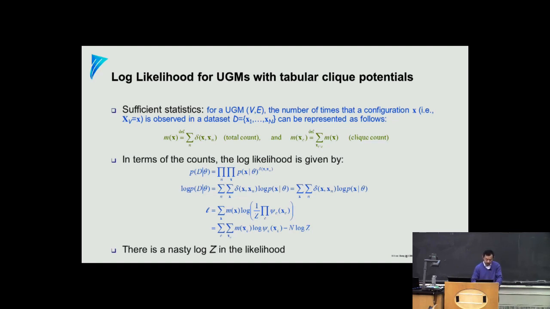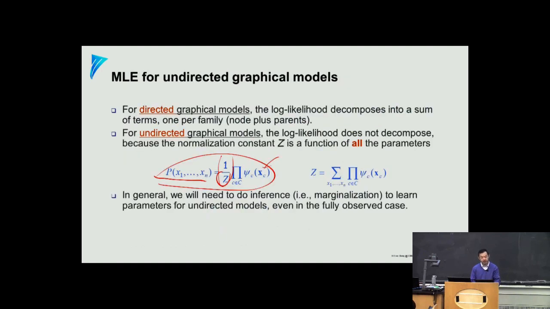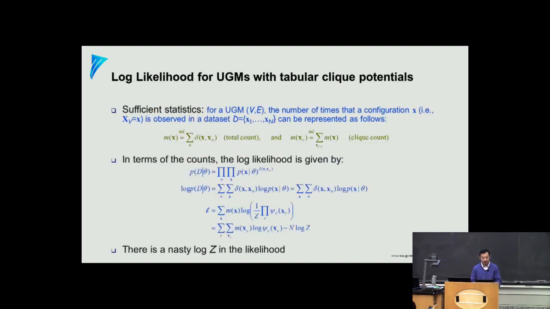So here we have the log likelihood of the undirected graphical model, and let's introduce a few terms: total counts and clique counts. Counts are basically the sufficient statistics, in other words, what you want to obtain from data so that you can make estimates of the model.